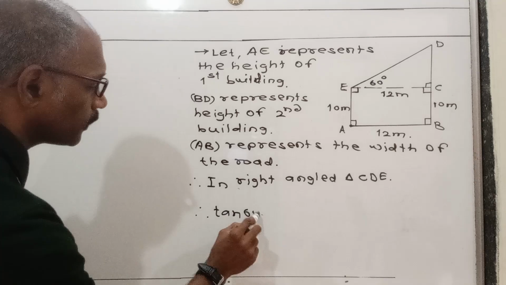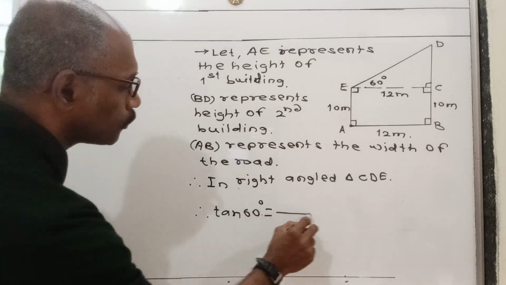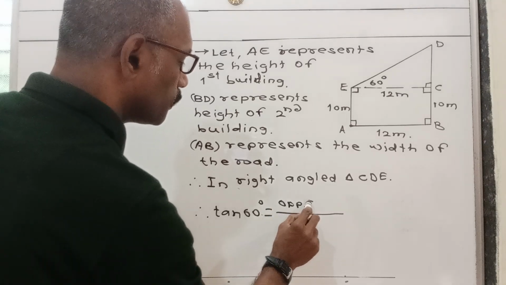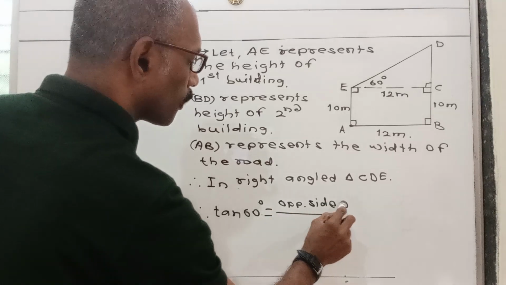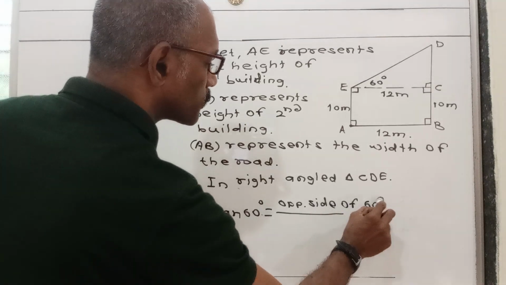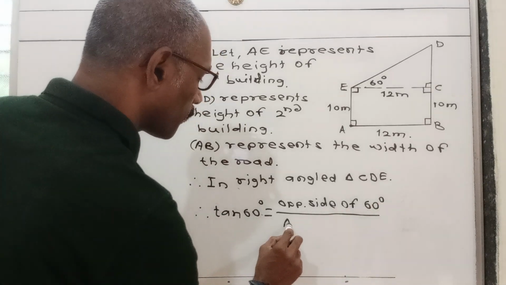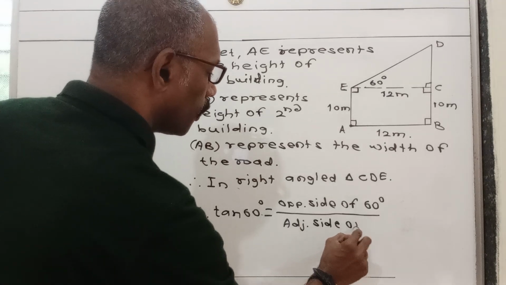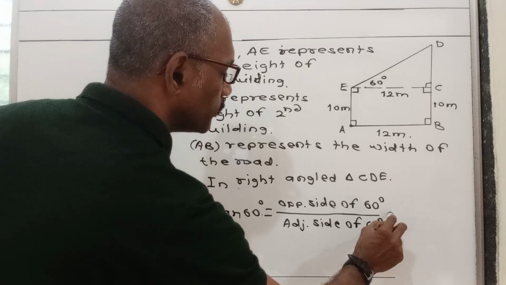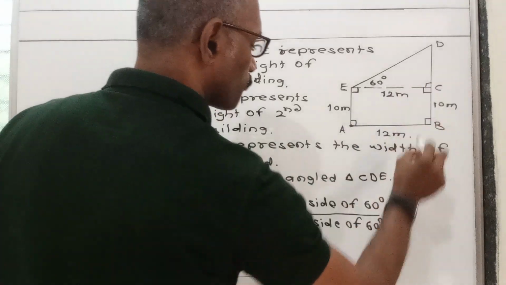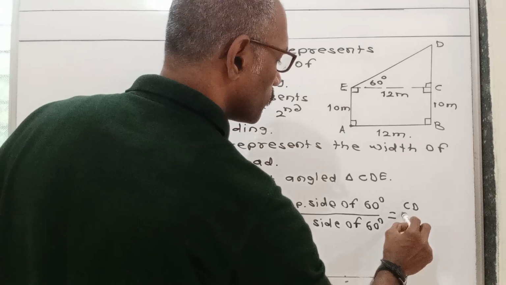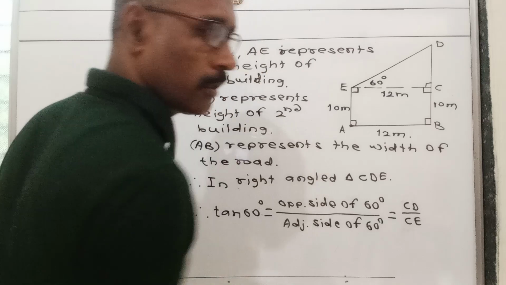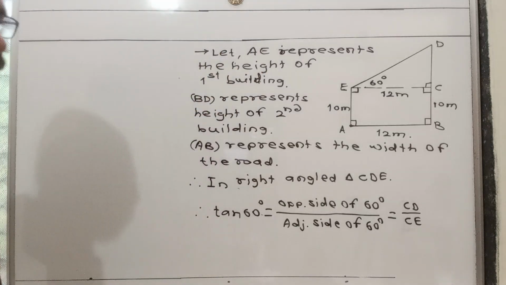Tan 60 degree is equal to the opposite side of 60 degree upon the adjacent side of 60 degree. The opposite side of 60 degree is CD and the adjacent side is CE. Did you get it?